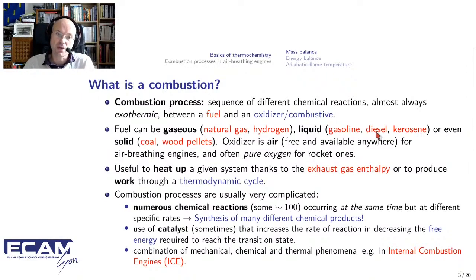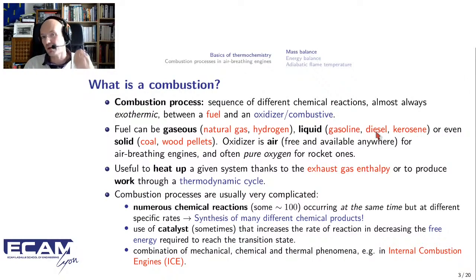And in some specific applications, for example in rocket engines, we are also using liquid oxygen, for a reason which in my opinion is obvious for you because we already talked about that. A rocket is supposed to work also in vacuum, so in space, a place where there is no air, no oxygen you can aspirate from the outside.